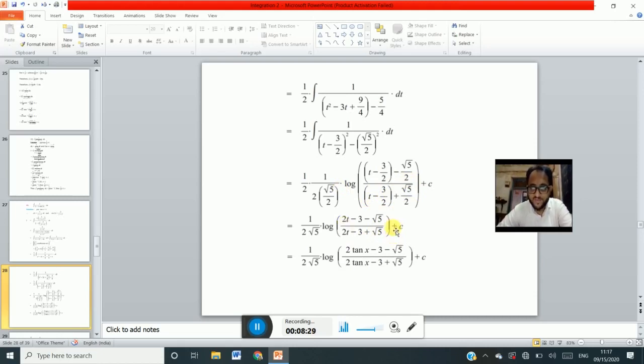So now finally resubstitute the value of t. We know that we considered t as tan x, so it is 1 upon 2 root 5 log of 2 tan x minus 3 minus root 5 upon 2 tan x minus 3 plus root 5, plus c. This should be the final answer here.